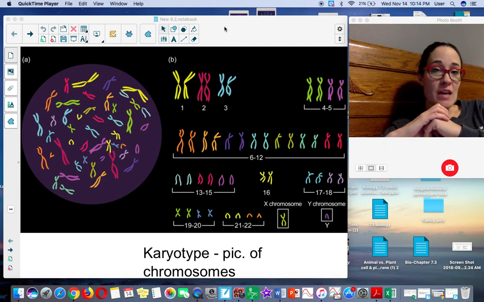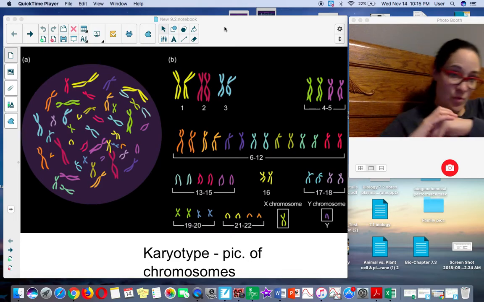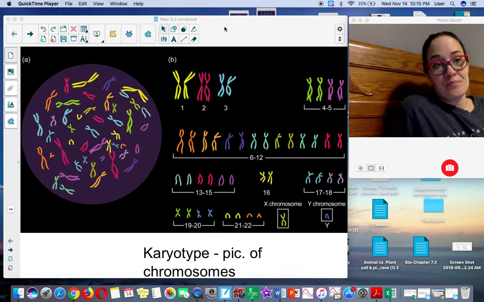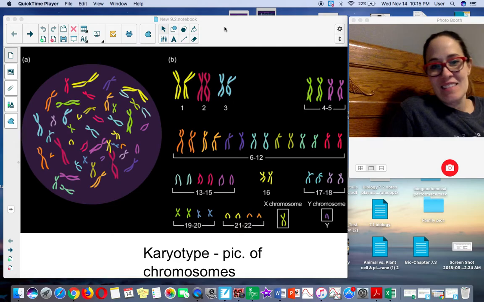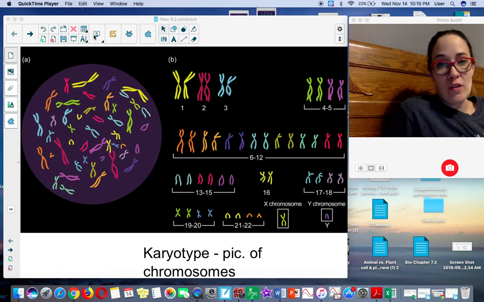A karyotype lines them up in size order with the sex chromosomes, or the chromosomes that determine the gametes, at the end. So pair 1, 2, etc. These are referred to as homologous pairs also, which we'll get to.